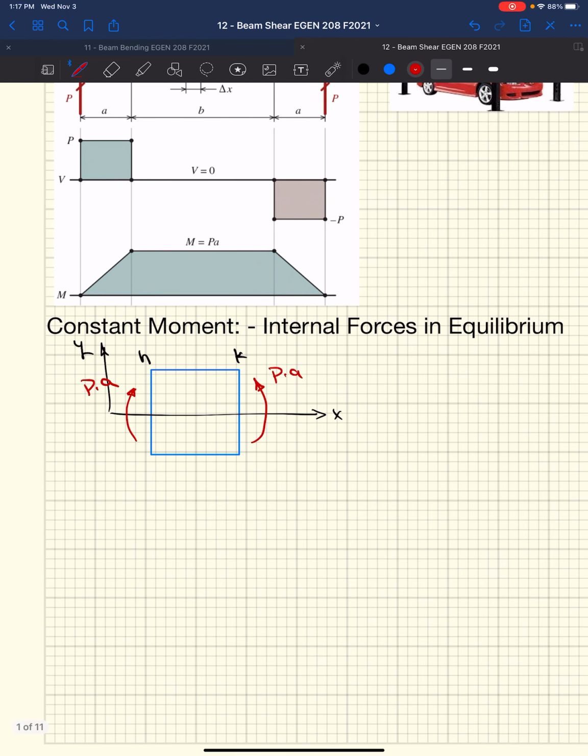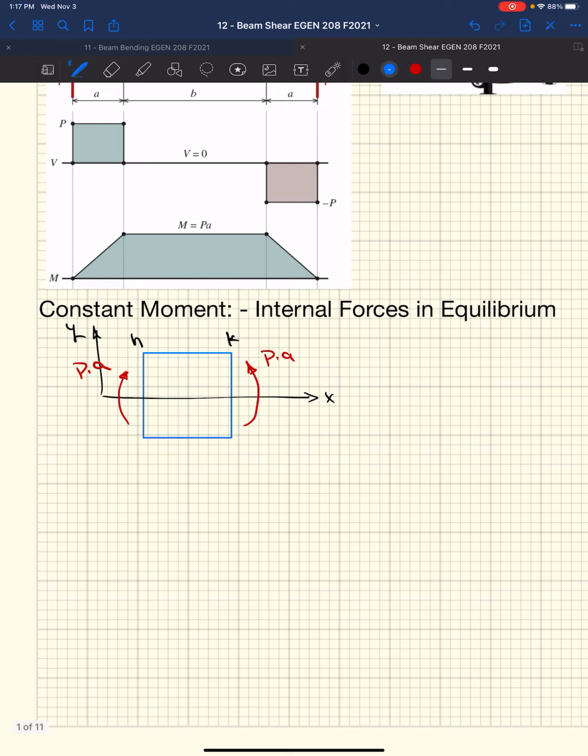So if we looked at our stresses, I'm going to come down here. Right, free body diagram.